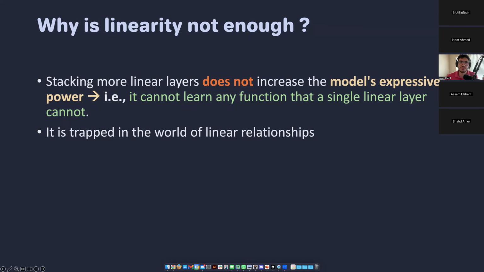Then we stopped at the point of saying that everything we compute as a linear combination of the inputs going into a node has to pass through something called an activation function, which introduces nonlinearity to the model.